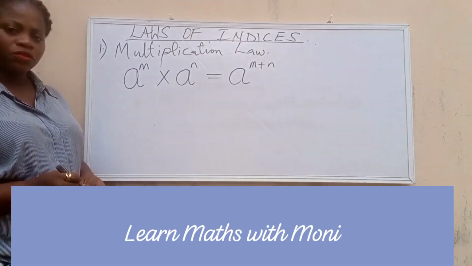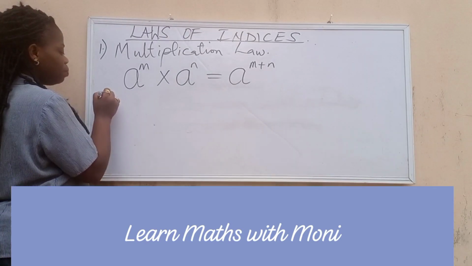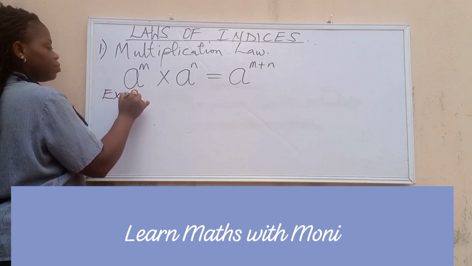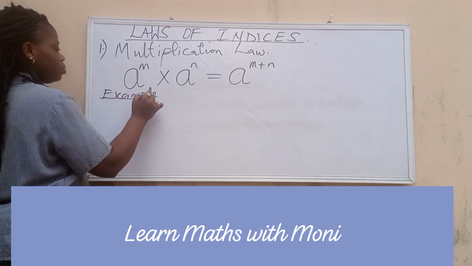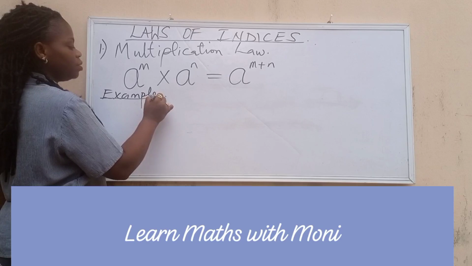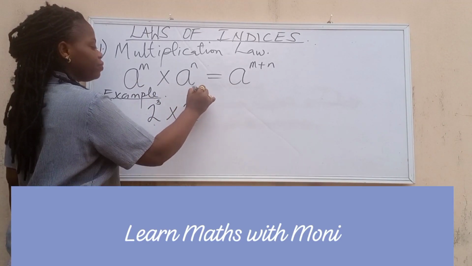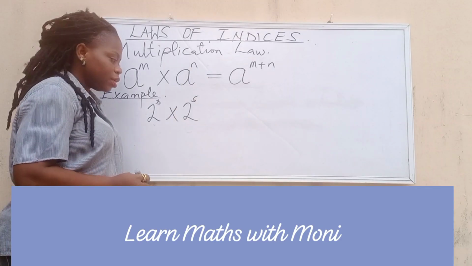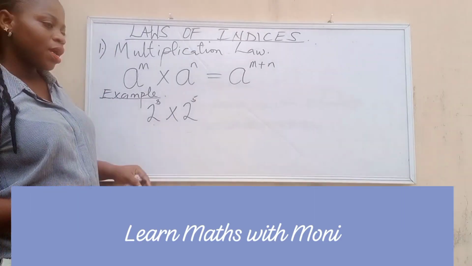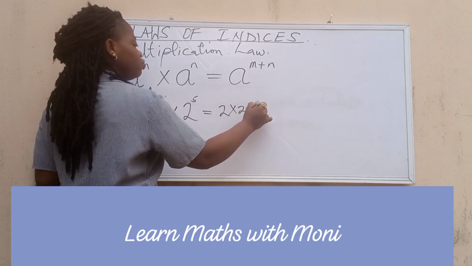Let us study this law a little. For example, if I have 2 raised to power 3 times 2 raised to power 5, 2 raised to power 3, I know that it is 2 times 2 times 2.